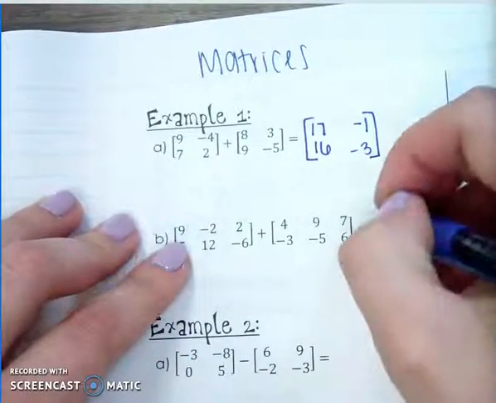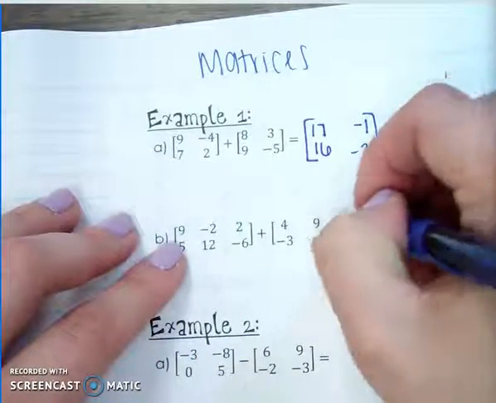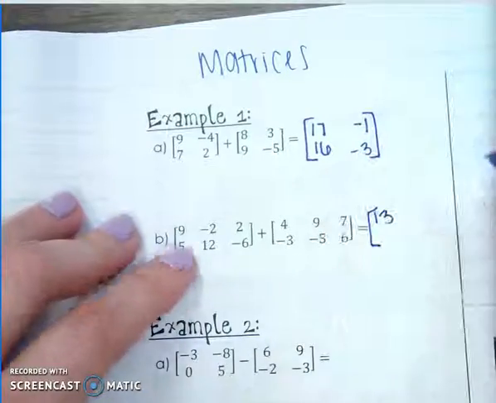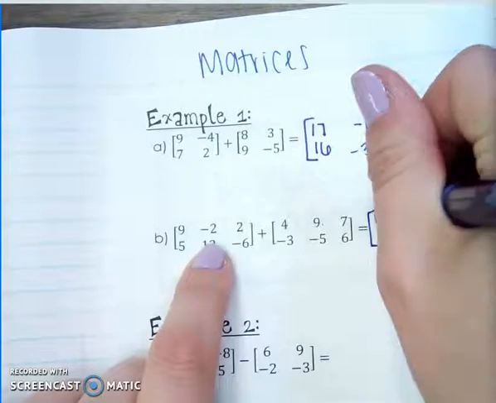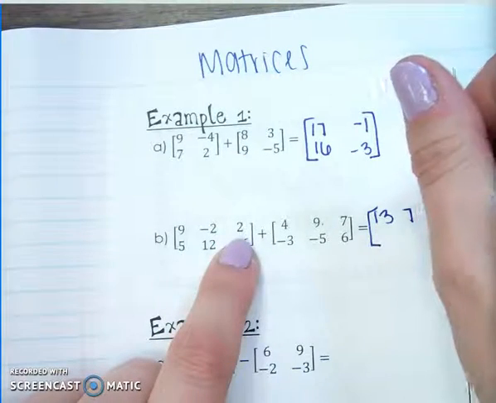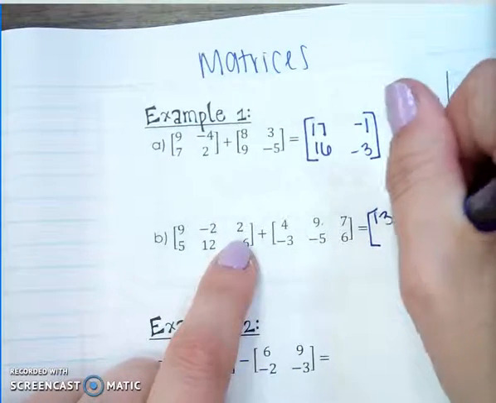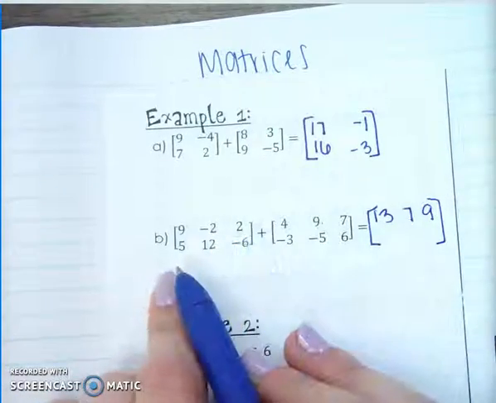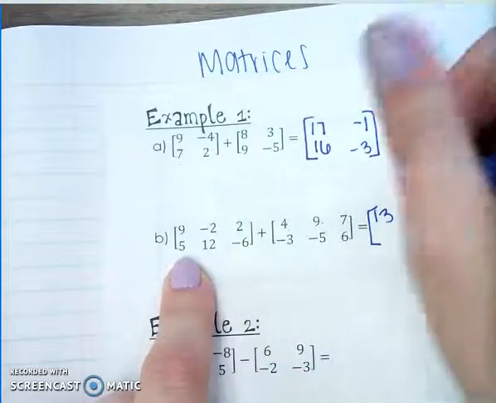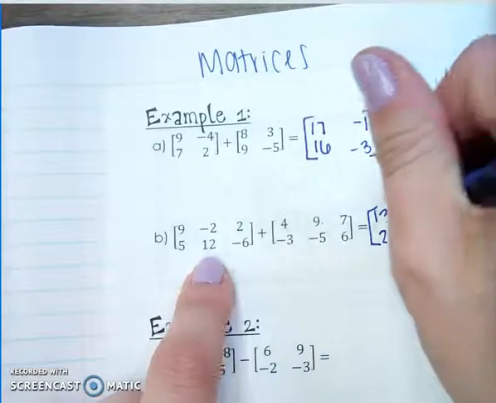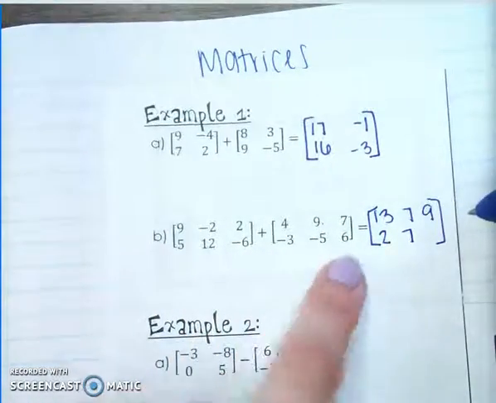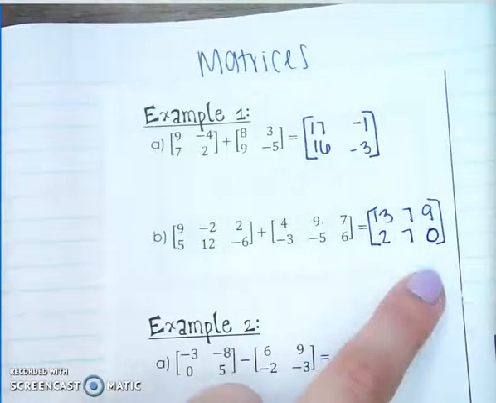So 9 plus 4, 13. You can go across. -2 plus 9, 7, and 2 plus 7, 9. That's the top. And then the bottom row, 5 and -3 is 2. 12 plus -5 is 7. And -6 plus 6 is 0. It is important that you put that 0 there.